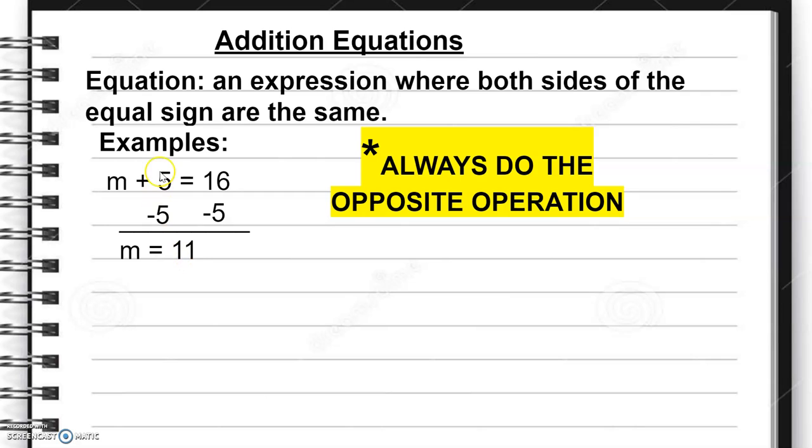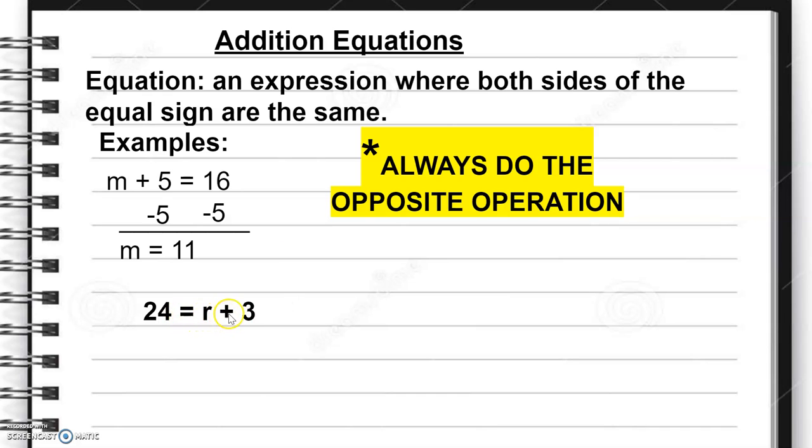So all you have to do is subtract whatever number is with the operation, because you are trying to cancel this out. 5 minus 5 would be 0, so all you have left is now m. m equals 11.